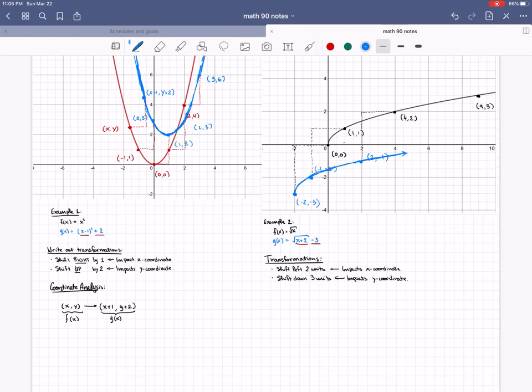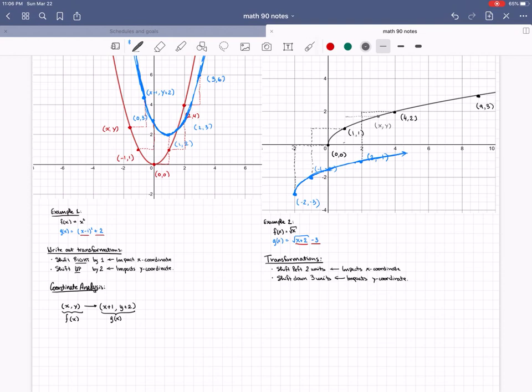And I want to do one last thing, that coordinate analysis piece that I was talking about in the last example. If I picked any old point, let's do this one, some point on the graph of f, I'm not careful about what it is, I can trace where it'll end up because it too will get shifted left 2 units.